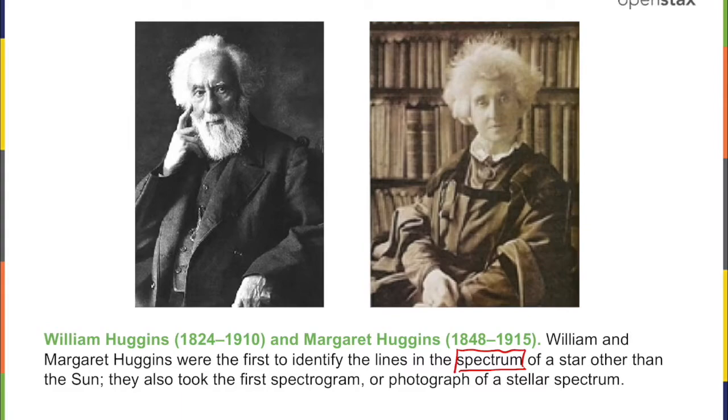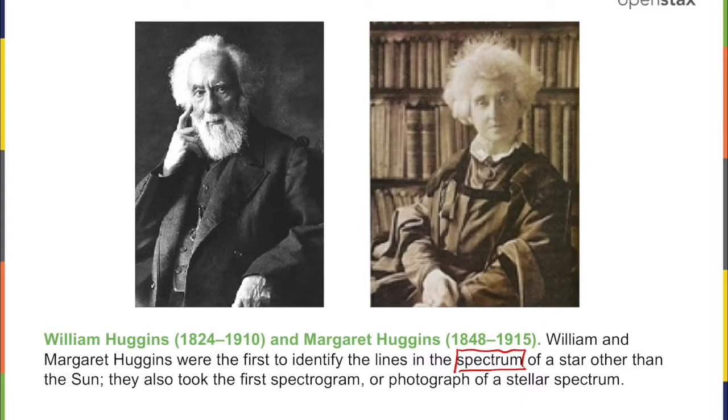And that was a huge discovery, that we could look at the light from the sun, shine it through a special device like a prism, observe the colors in that light and say, oh, there's hydrogen in that star, or there's helium in that star, or there's carbon in that star, or there's iron in that star. Interesting, right?